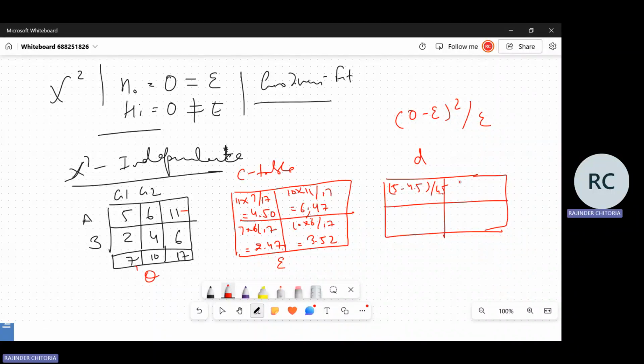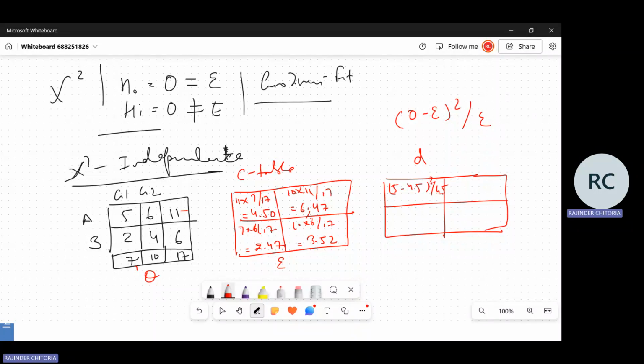Similarly, we run this formula for the rest of the cases. So 5 minus 4.5, divided by 4.5, squared. Sorry, I need to do the square part.